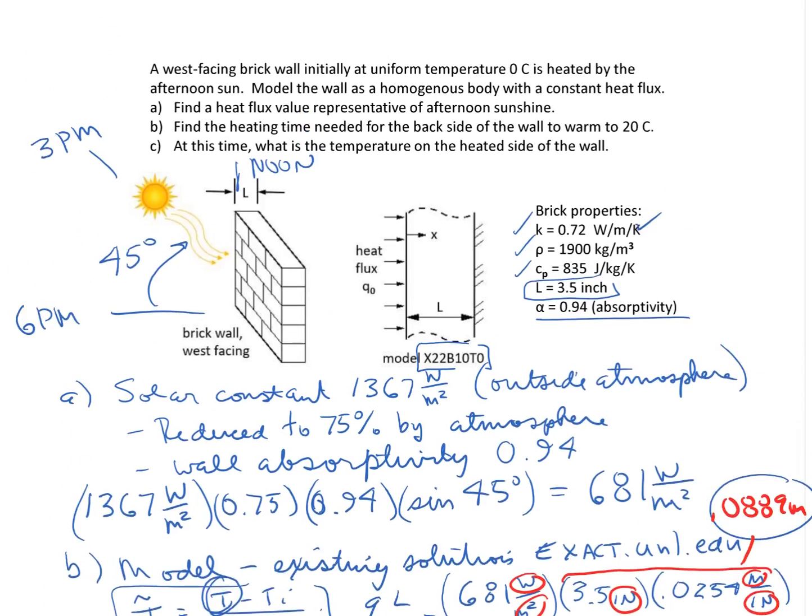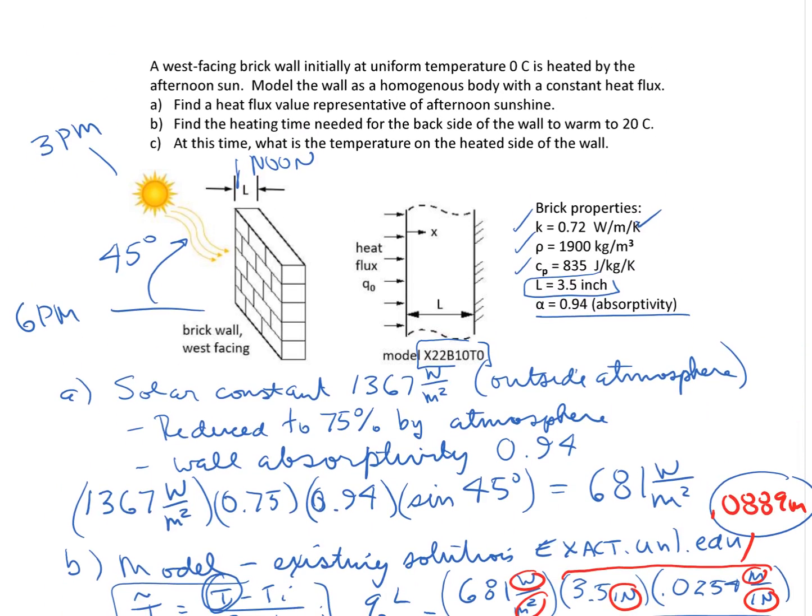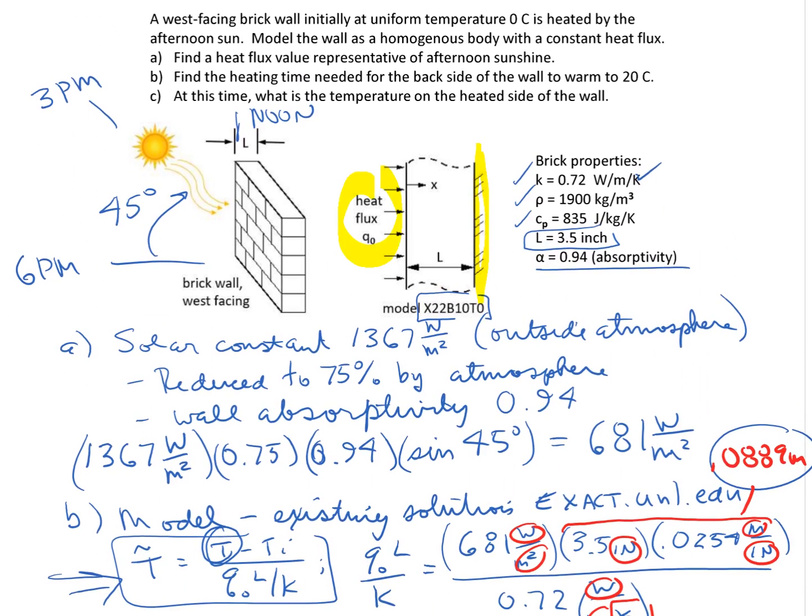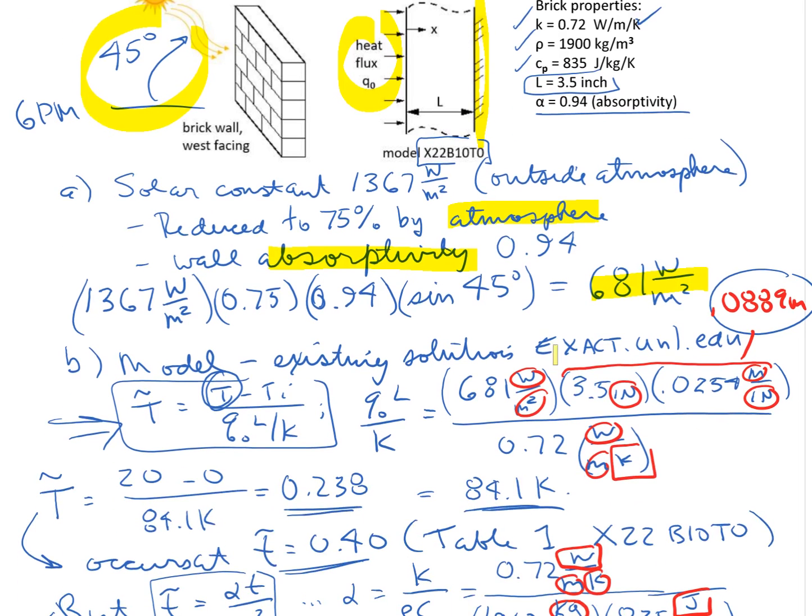Let's recap. We were talking about a west-facing brick wall heated by the sun. We want to know how rapidly the back of the wall, approximated by this insulated condition, warms up. We approximated the solar constant as a heat flux, and we adjusted it by some atmospheric effects and absorption effects and angle effect to find the value there. We used an existing model, a solution we got from exact.unl.edu, located under this number, describing the geometry.